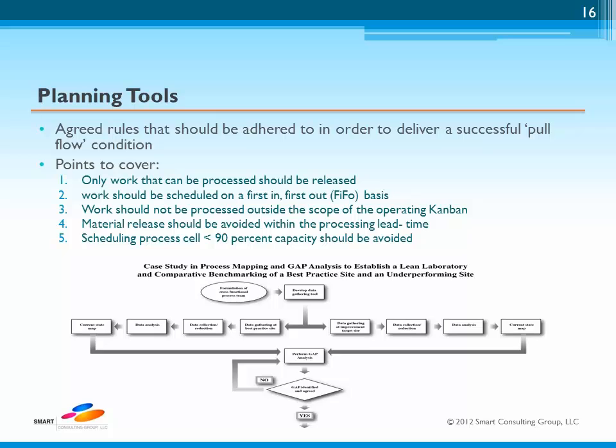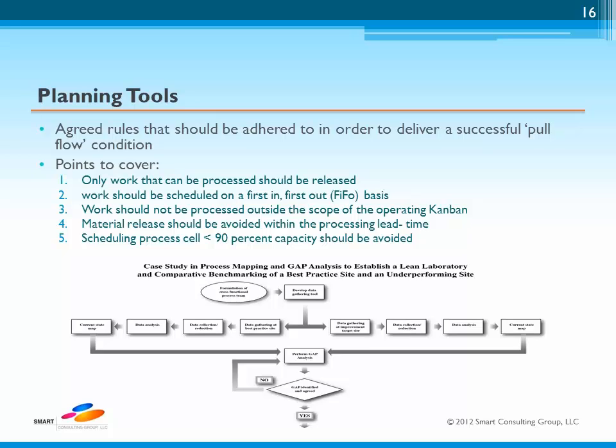1. Only work that is processed should be released to the work cell for completion. 2. To avoid priority conflicts, work should be scheduled on a first in, first out or FIFO basis. 3. Work should not be processed outside the scope of the operating cell for that aspect of the process or function. 4.